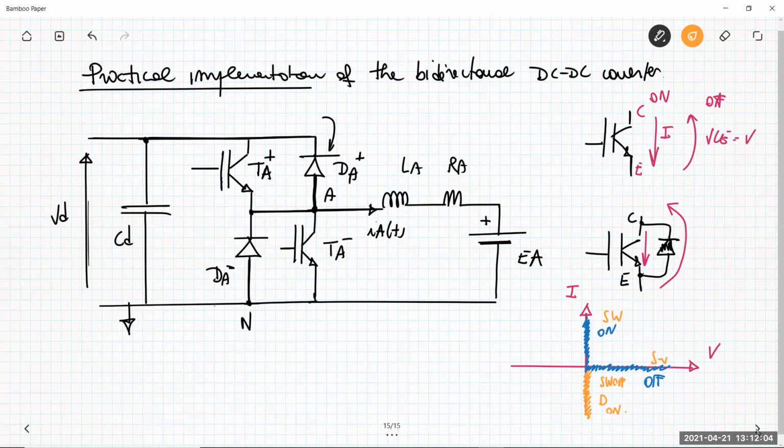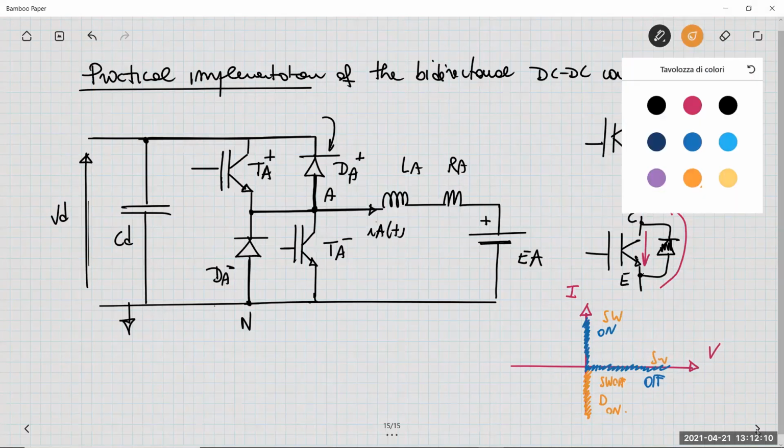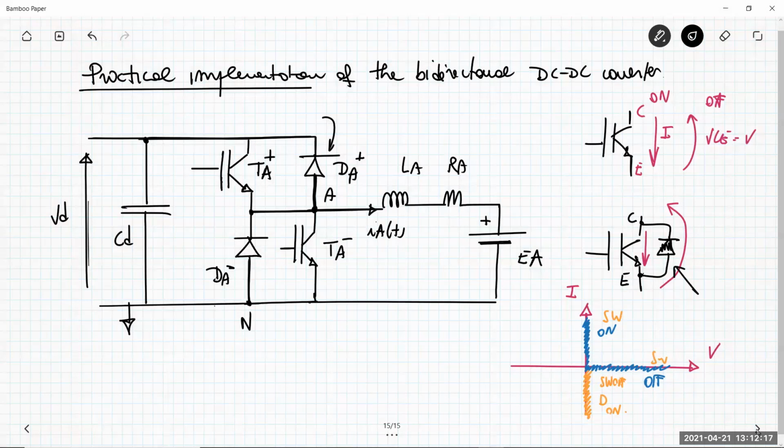The same behavior can be obtained by MOSFETs. There are a couple of differences. The first one is that while in an IGBT this diode should be inserted by manufacturers, specifically for the purpose, they have to integrate on the same substrate where there is the IGBT also the diode connected in this way.